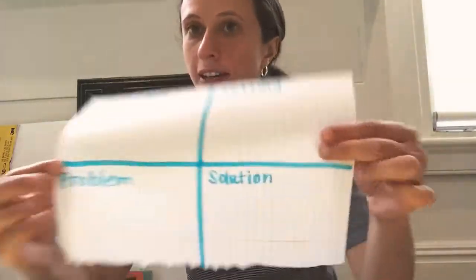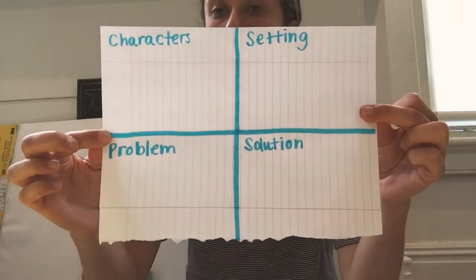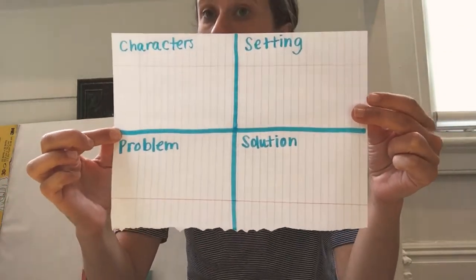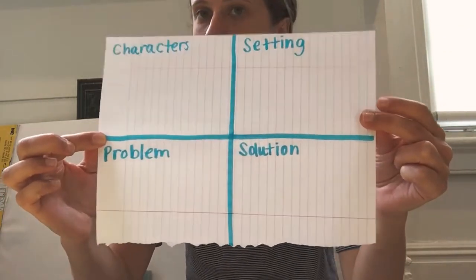We have our problem, or what goes wrong in the story. And we have our solution. How is the problem solved, and how does the story end? So take a moment and pause the video to label your paper just like mine. When you are ready to continue, just press play.